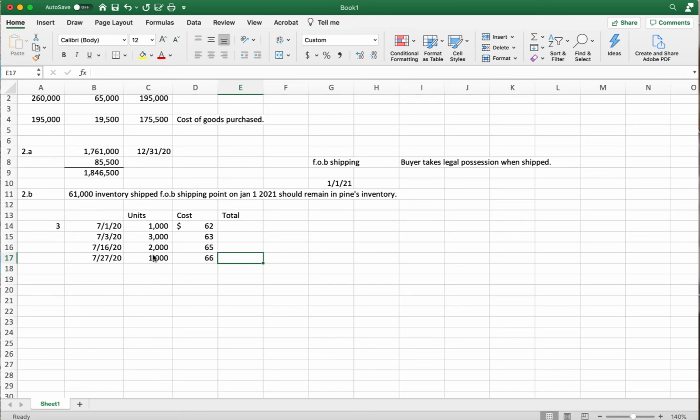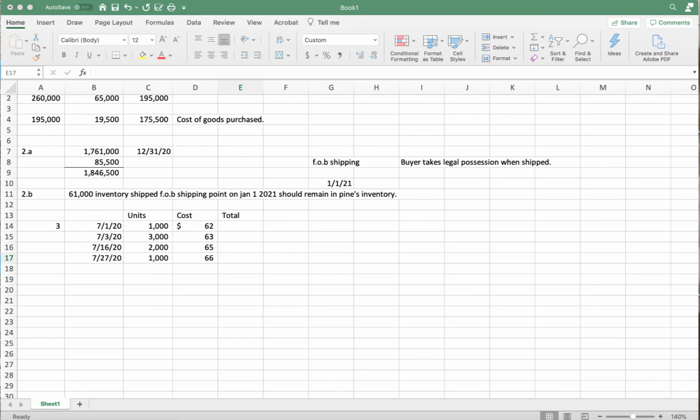Using LIFO, what's the inventory cost? Using the average cost method, what's the inventory cost? For number 3, we need to recognize that because no dates are associated with units issued or sold, the periodic inventory method should be assumed.